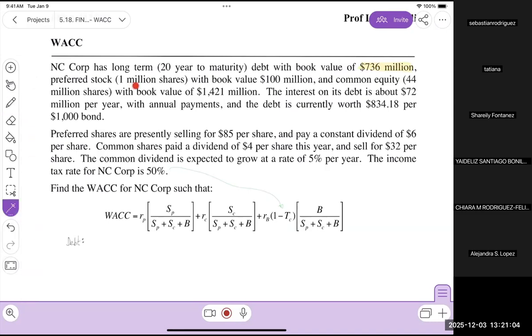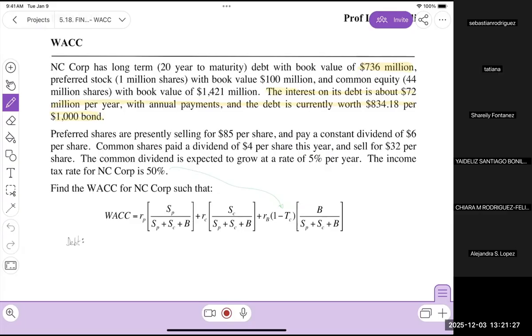And then preferred stock with book value, we'll skip that for now. Okay, the interest on its debt, so this is also about debt. The interest on its debt is $72 million per year with annual payments. And debt is currently worth this amount per $1,000 bond. Oh my goodness.